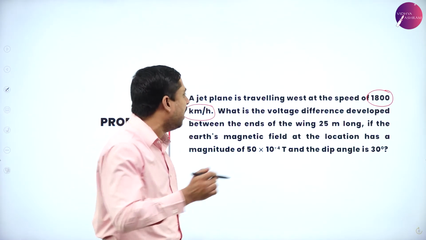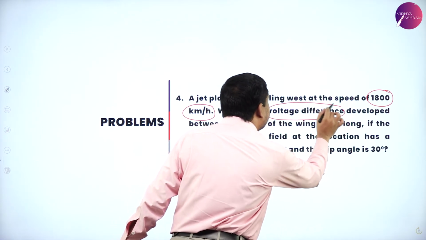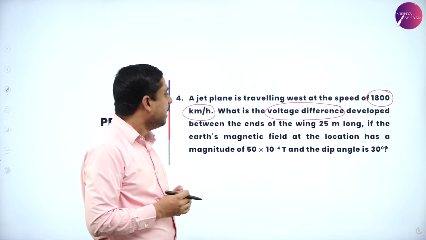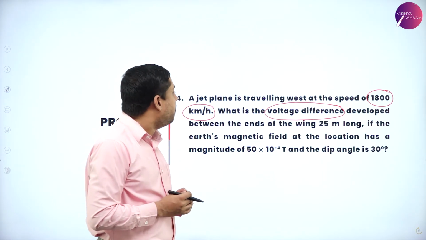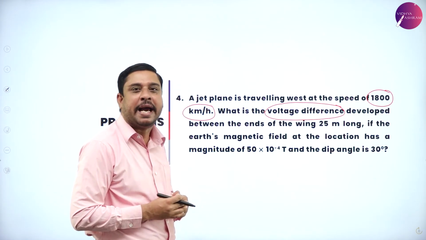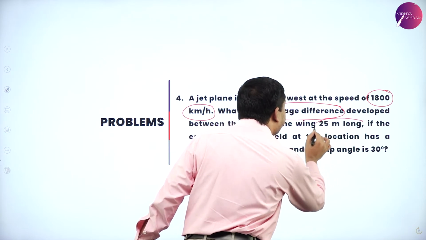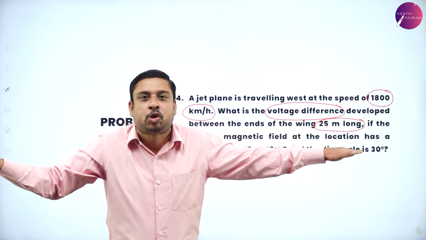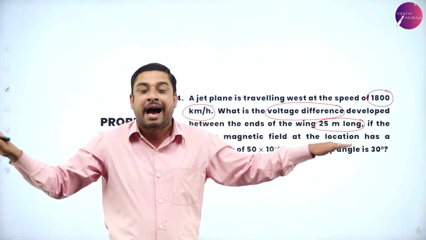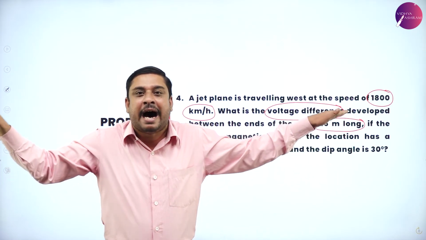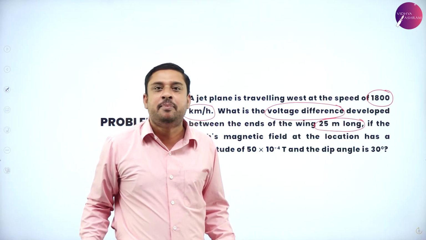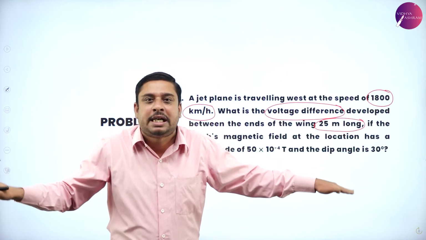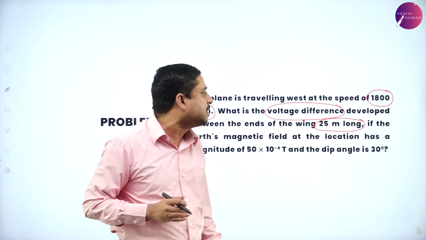He is asking us for induced voltage or induced EMF developed between the ends of the wing, 25 meters long. An aeroplane has 2 wings, and the length is given as 25 meters. You will have to calculate the voltage across the ends.